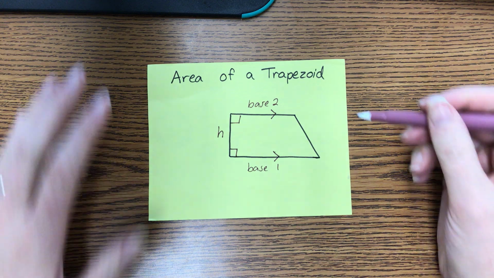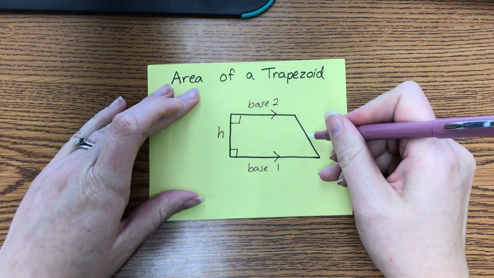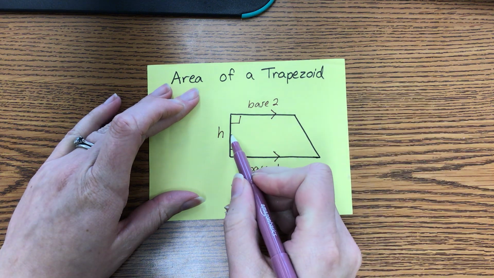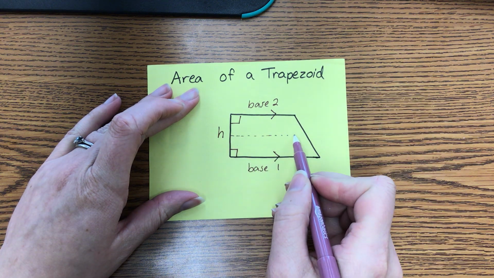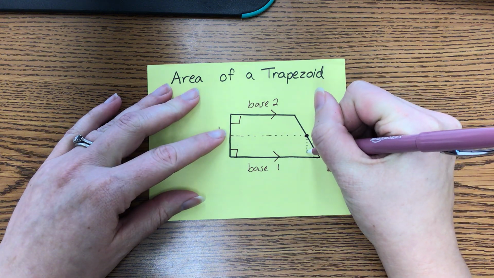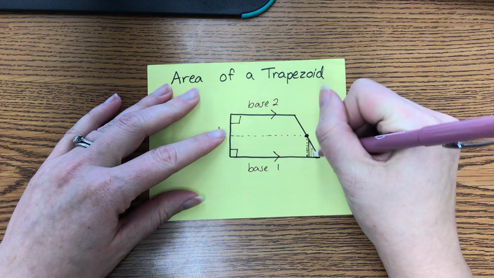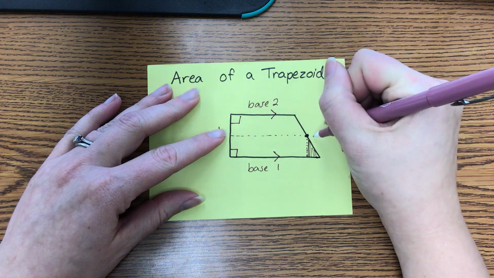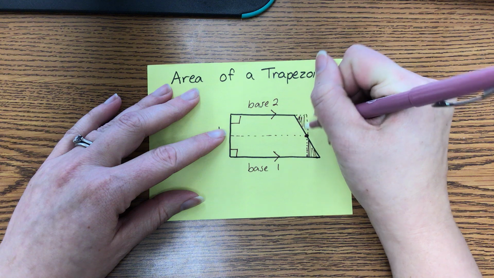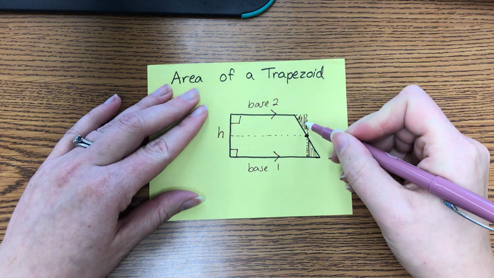In order to figure out the area, we need to figure out the average base length. Because really, if we figure out this length, we can take this little triangle right here and flip it over, I guess rotate it over here so that it fills up this space.